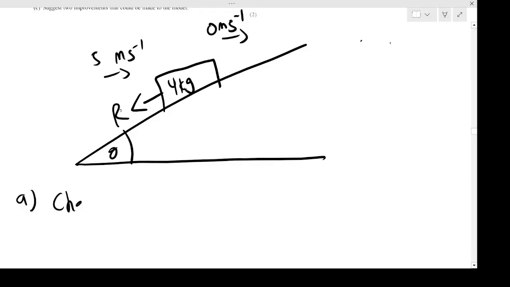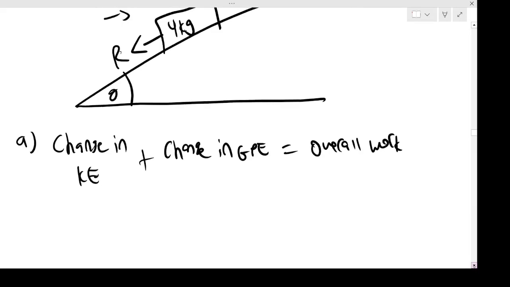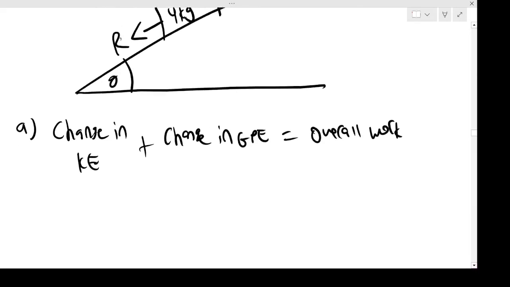That's going to tell us the change in kinetic energy plus the change in GPE is going to equal the overall work. I'm going to probably do this in one go, just to speed it up a bit now.